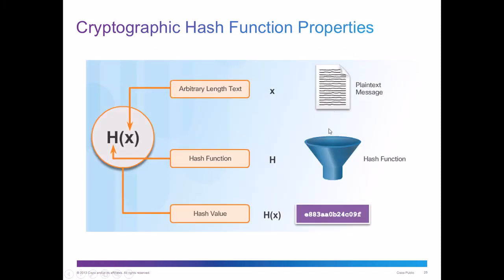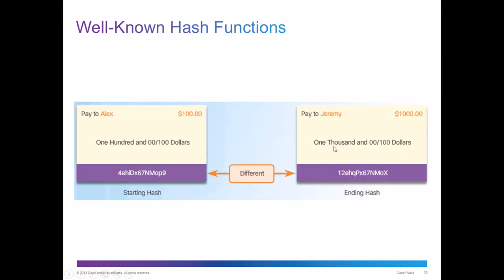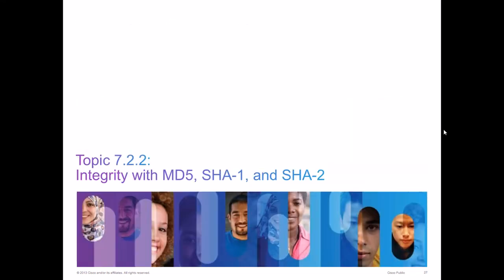So this really explained what I just went through. If it's not the same, then you know that the data that's transmitted has been tampered with, changed from $100 in this case to $1,000.